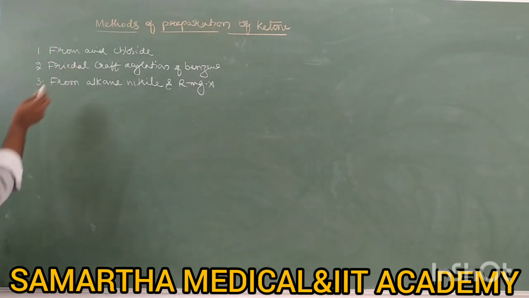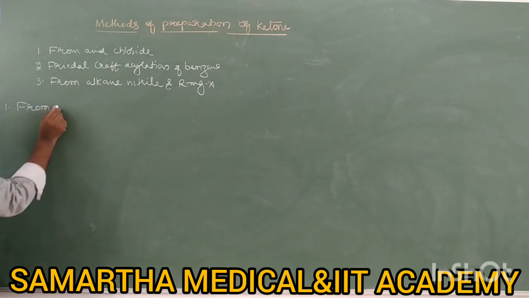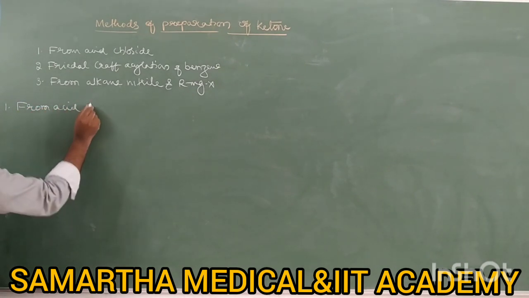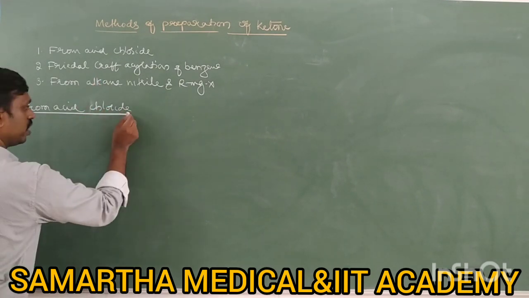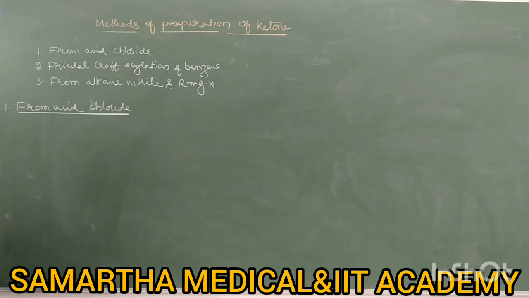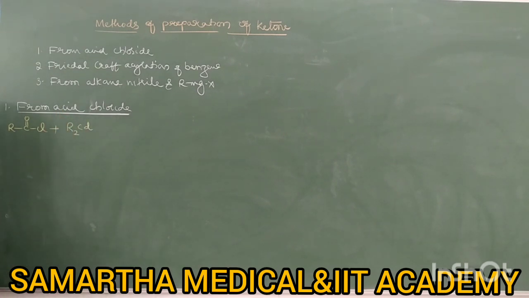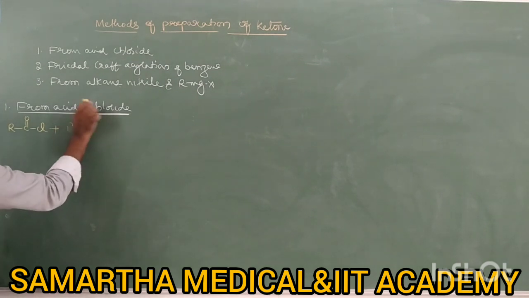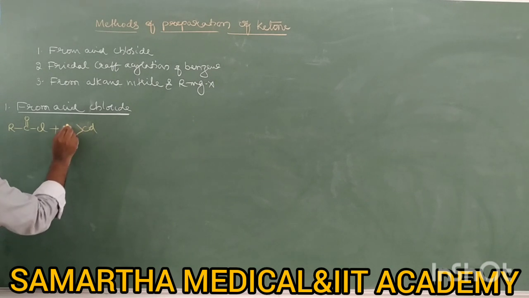Now the first one is from acid chloride. Let us study it in detail. How do you prepare a ketone from acid chloride? See, here the acid chloride is treated with dialkyl cadmium. Let us take RCOCl. The acid chloride reacts with dialkyl cadmium, R2Cd, a cadmium attached to 2 alkyl groups.